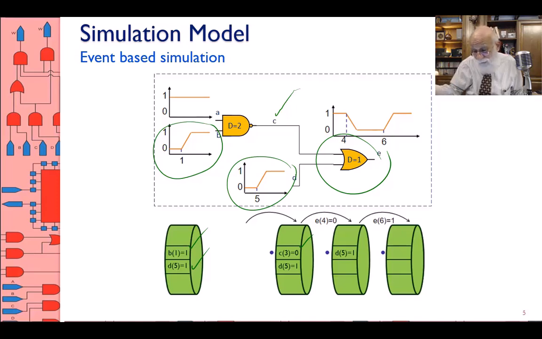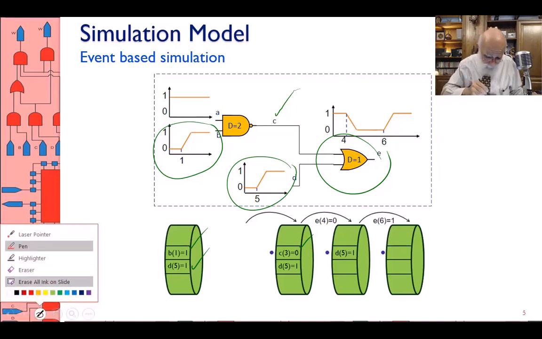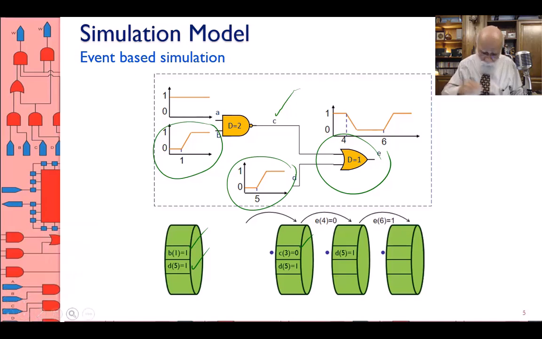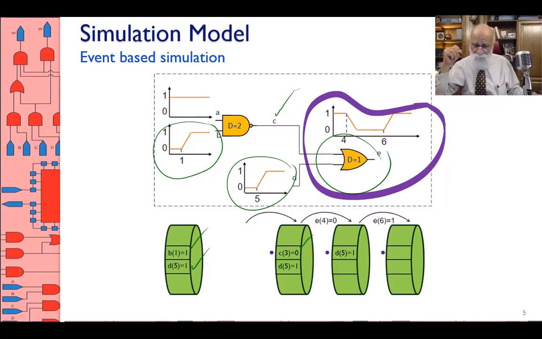At the end, you see exactly what I'm showing here: at time 4, the output of this gate goes to 0, and at time 6, the output goes back to 1. This is exactly what you would get if you simulated this every 0.1 time units.